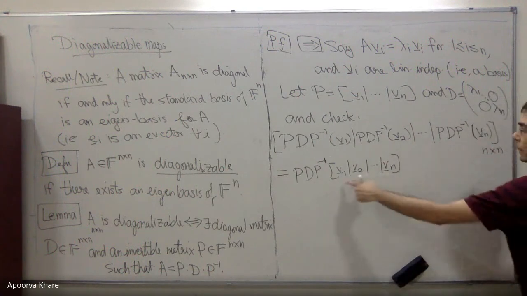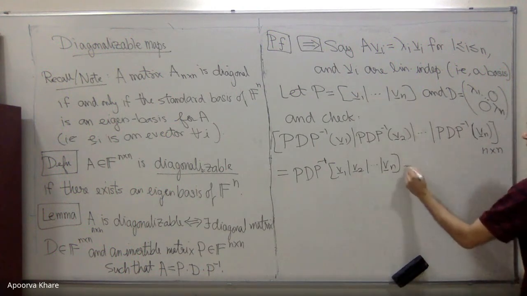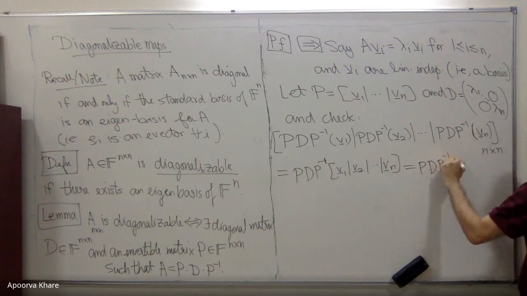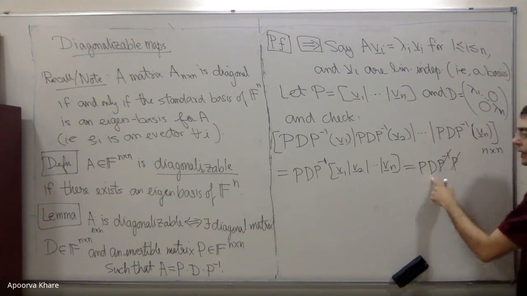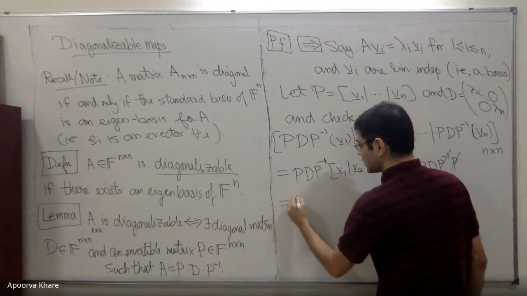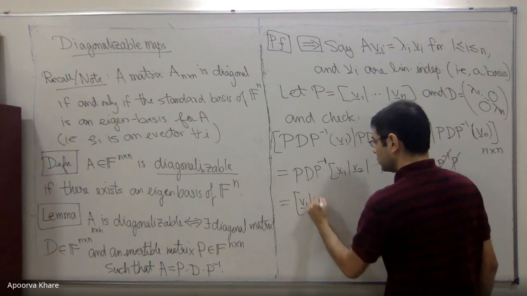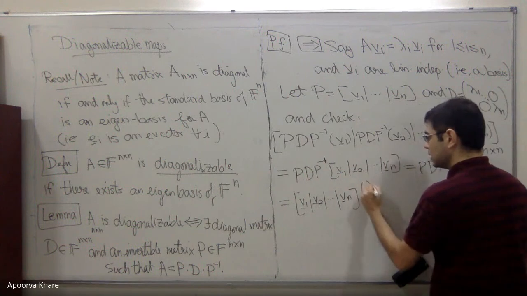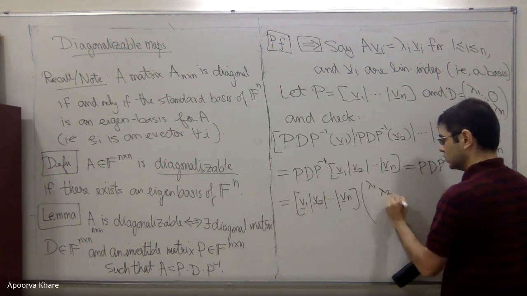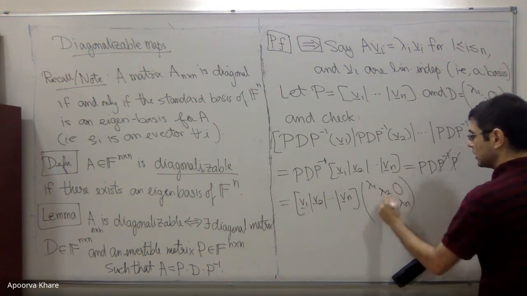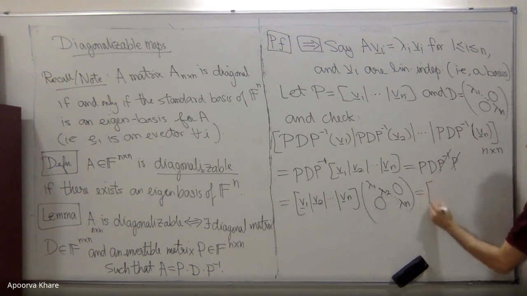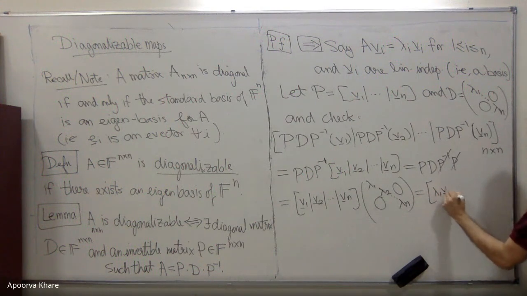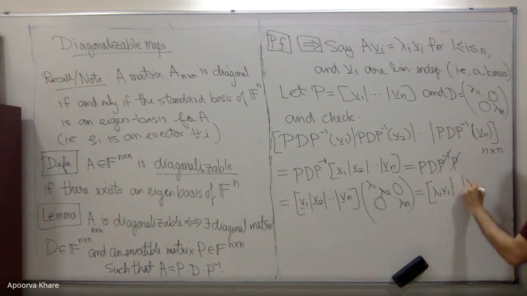It's true. But now this matrix is P. This is P times D. Now again we write this down. So now it is V1, V2, up to Vn. This is P, and lambda 1, lambda 2, lambda n, this is D. And you can check this is exactly equal to lambda 1 V1, lambda 2 V2, up to lambda n Vn.